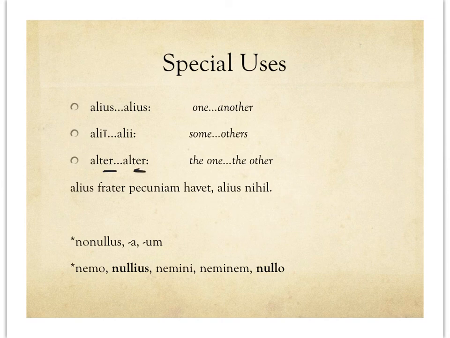So you can see here I've given you an example, even though I've misspelled it, right? Alius frater, one brother, pecuniam habet, has money. Alius, another brother, nihil, has nothing. So when I see this alius, I know that the first one is going to mean one, and this one's going to be another.